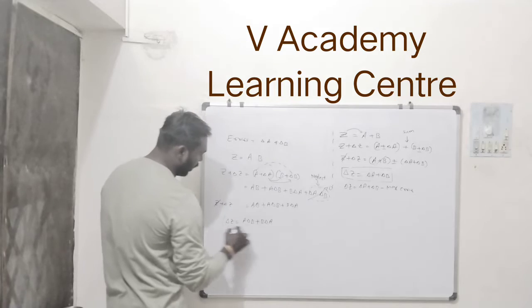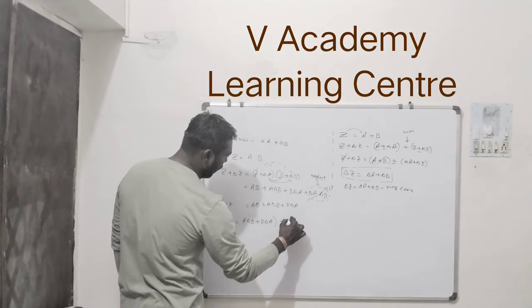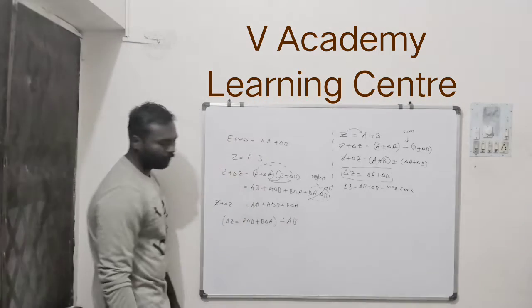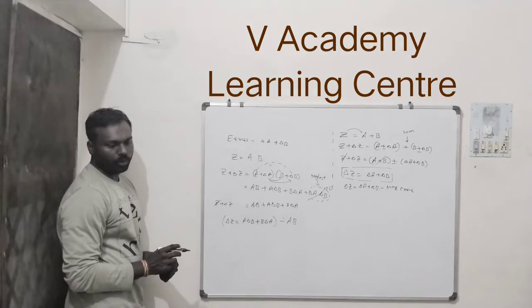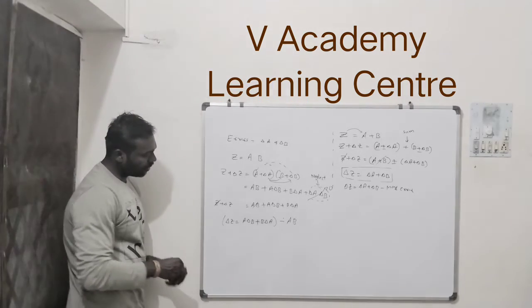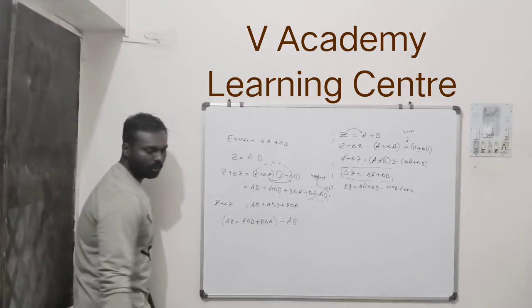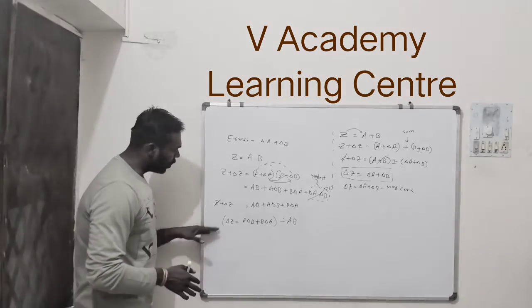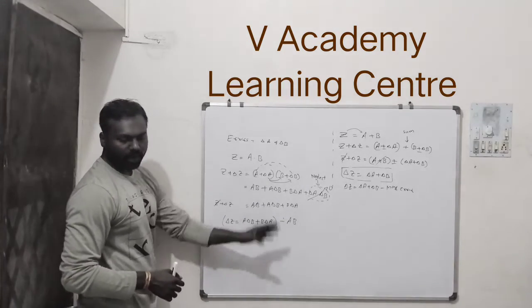Let us divide this equation by AB. Why? Because here all are uncertain, not related to one another, right?